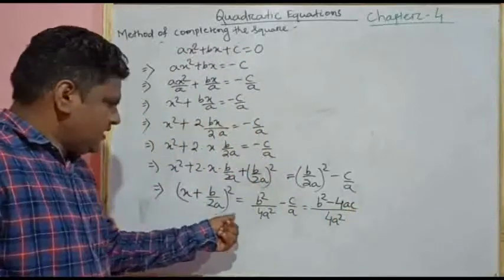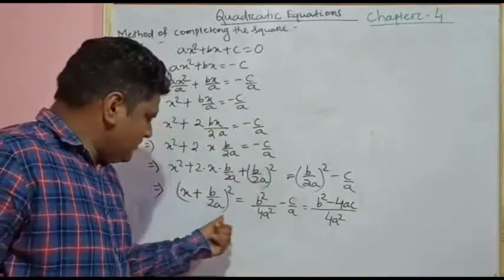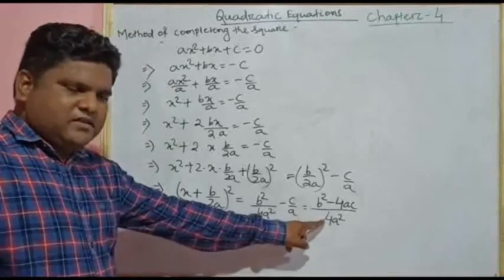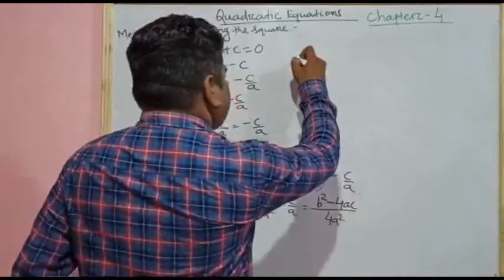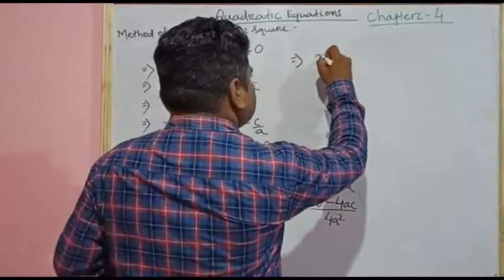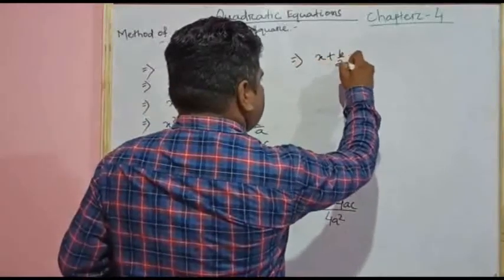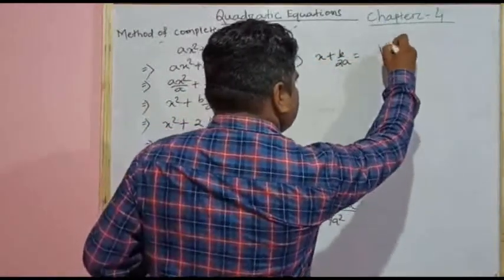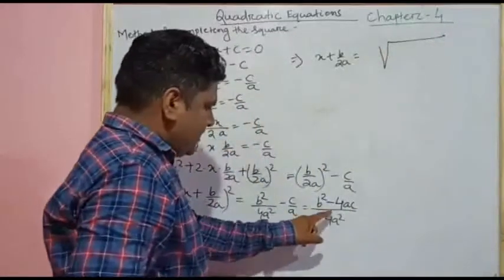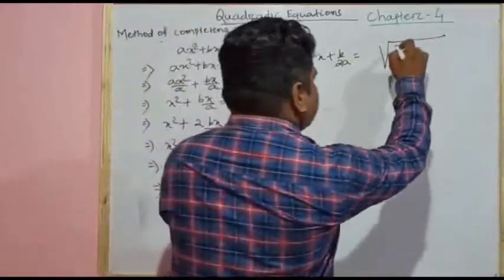So this much square equal to this one. So this much will be root over of this much. So we can write x plus b by 2a will be equal to plus minus root over of b square minus 4ac by 4a square.